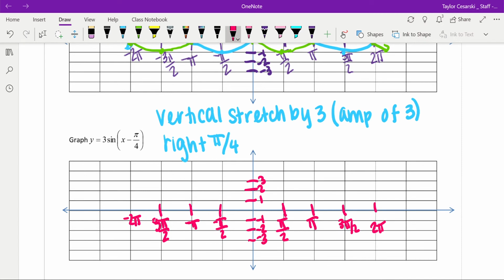Alright, so the vertical stretch by 3, I'm actually going to do that together as my first step rather than just graphing sine, just to kind of save a little bit. So all that means is at 0, 0, instead of going up to 1, I'm going to go up to 3. And then down to -3.